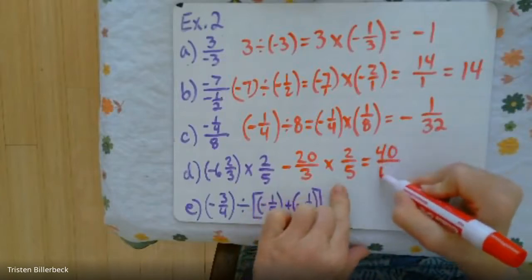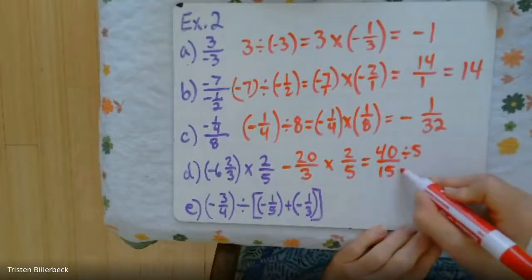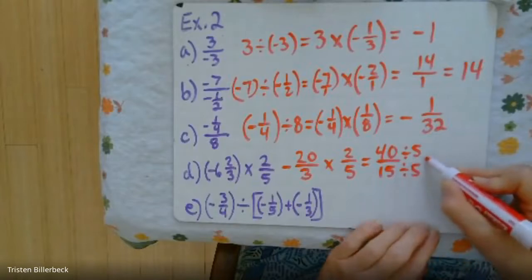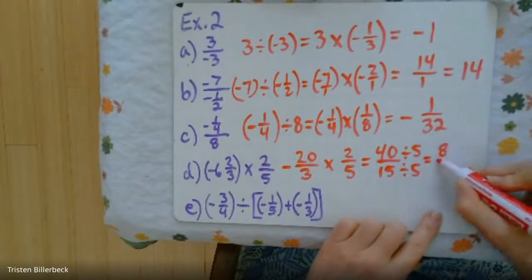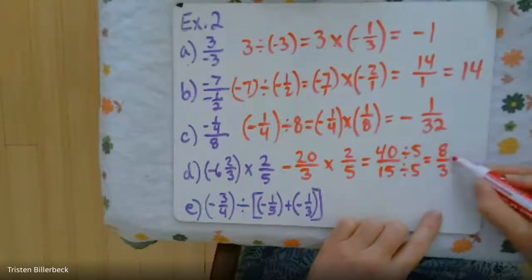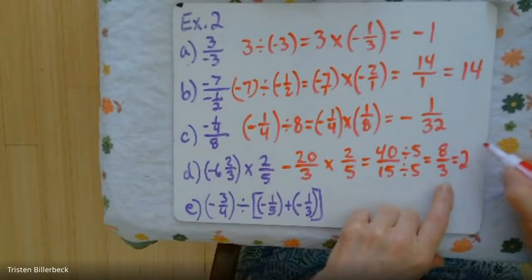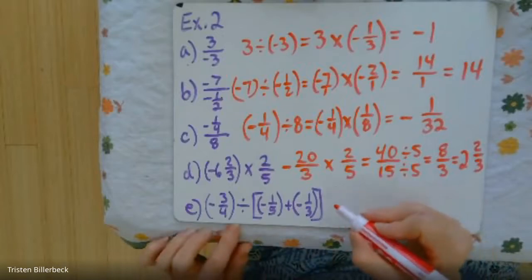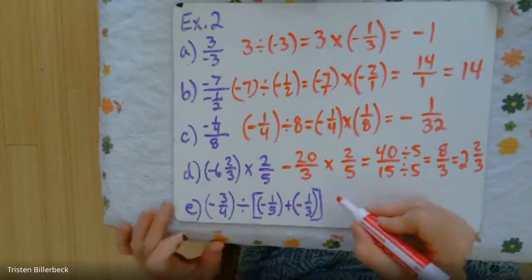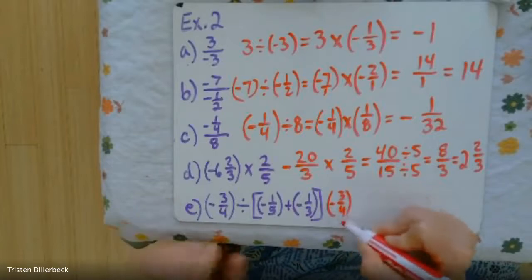So 40 over 15. They both are divisible by 5. They have a common factor of 5, so we have 8 over 3. Well, 8 over 3, there are 2 3's in 8 with 2 left over. So that's 2 2/3.